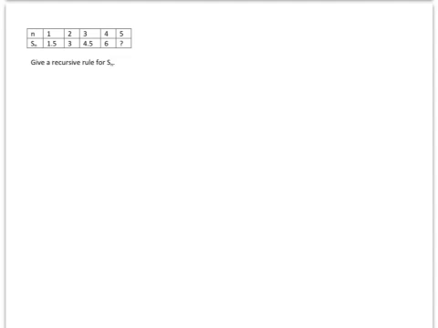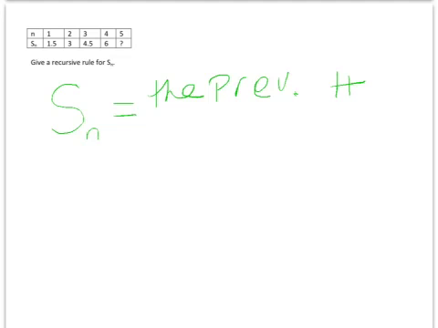So the recursive rule for my sequence, S sub n, is that I need to take the previous number in the sequence and add 1.5. Sometimes it helps to just write this down in English before you try to use the mathematical notation: the previous number in the sequence plus 1.5.